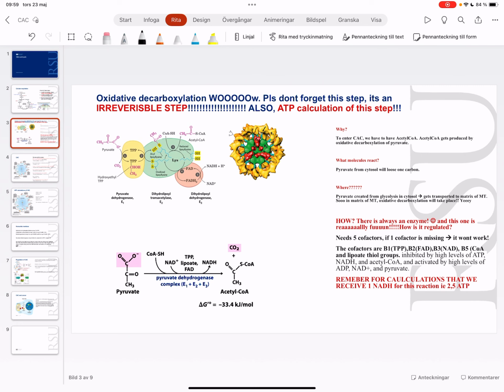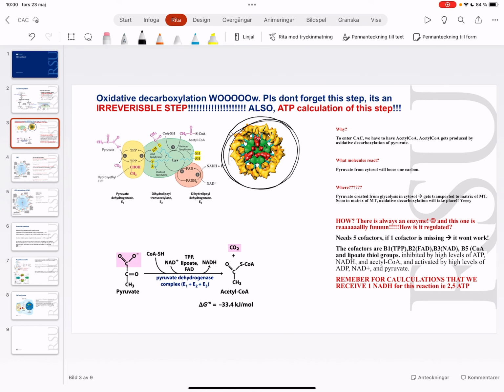And acetyl coenzyme A gets produced by this process with the help of the pyruvate dehydrogenase complex, which is this enzyme, the yellow, green, and red one.